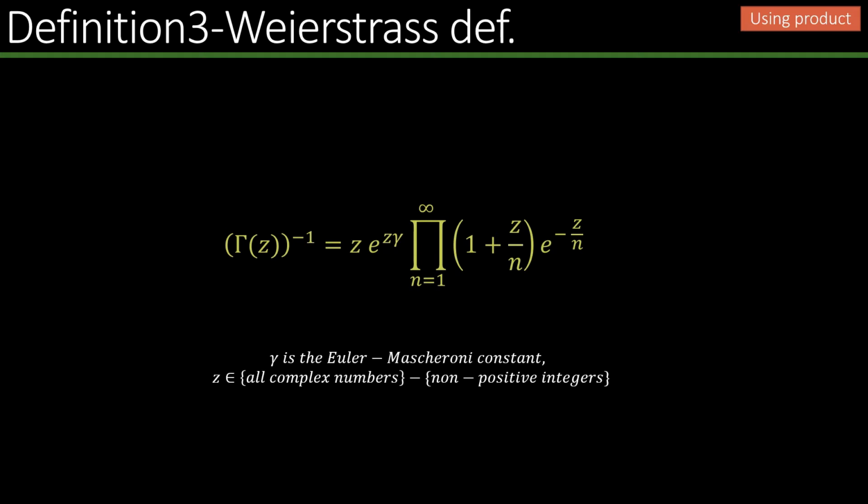The small gamma here is for the Euler-Mascheroni constant, and z belongs to the complex numbers except the negative integers.